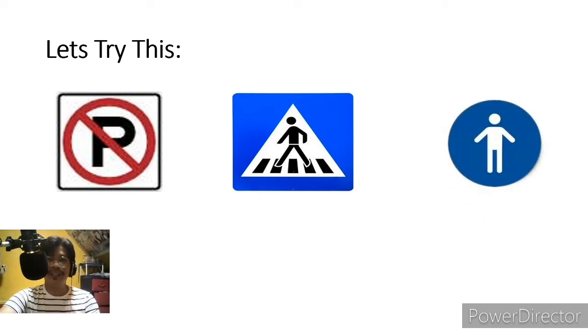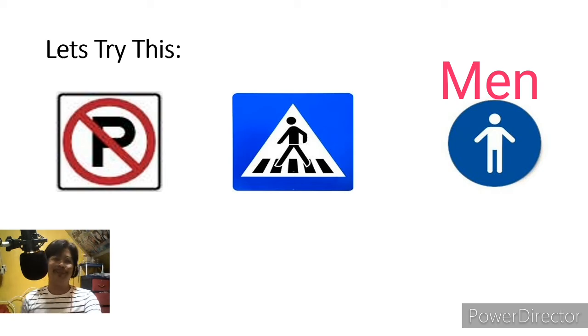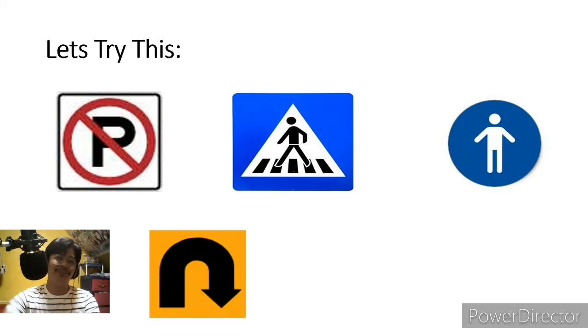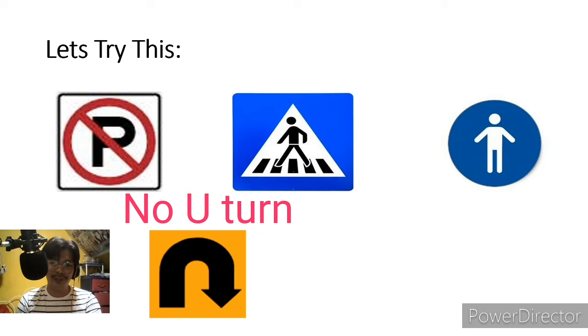And let's try this. Yes, that is a symbol for men. That's correct. And how about this? Yeah, it is also a traffic sign. Okay, if you say that this is no U-turn, so that's correct.